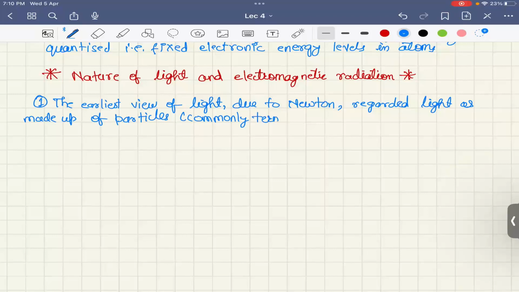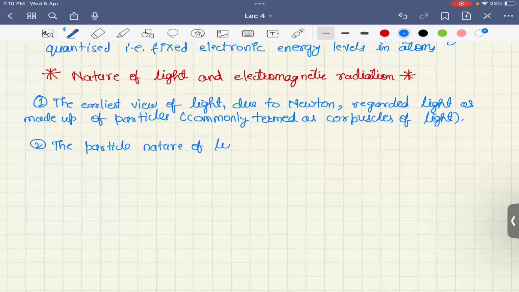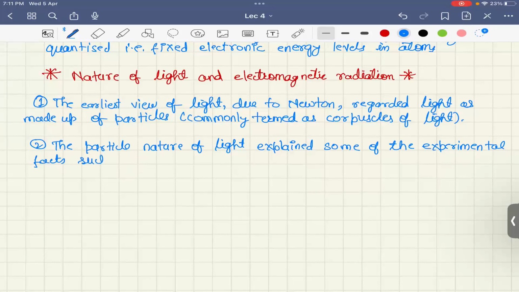Commonly termed as corpuscles of light. The particle nature of light explains some of the experimental facts such as reflection and refraction of light, right?